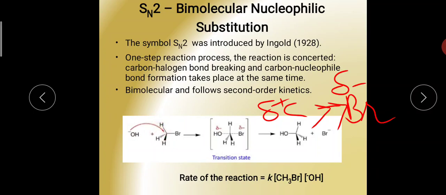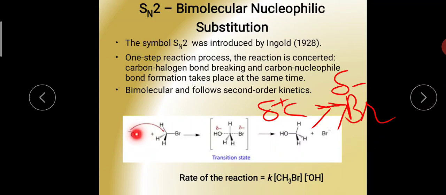Now the point to be noted is this particular nucleophile attacks your carbon atom not from the side where your bromine is situated. Why is it so? Because bromine is also rich in electrons. It has its own electron cloud, and OH minus is also rich in electrons.